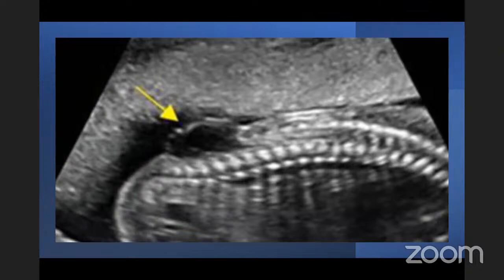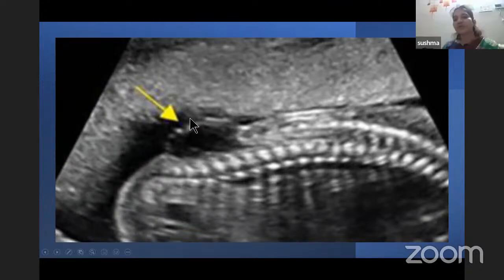Yes, ma'am. So what is the difference between an open neural tube defect and a closed neural tube defect? Here you can see the defect clearly. This can be an open or a closed neural tube defect depending on whether it is covered by skin or not.